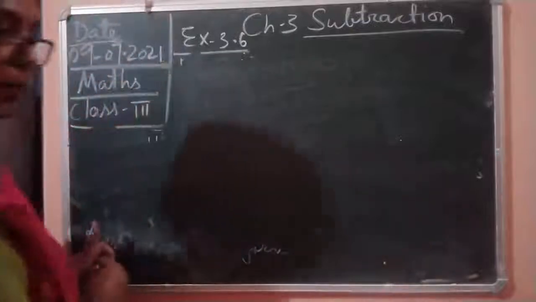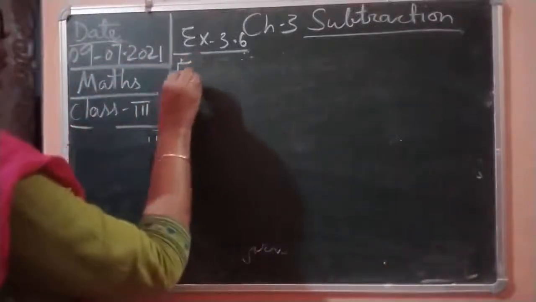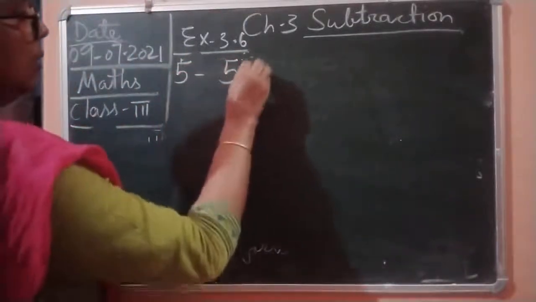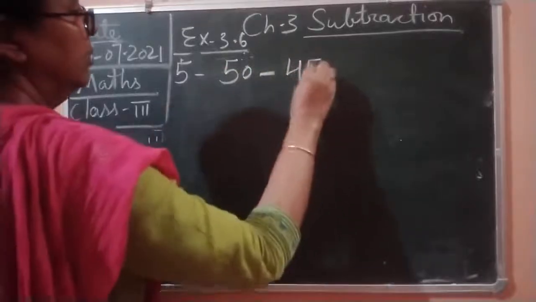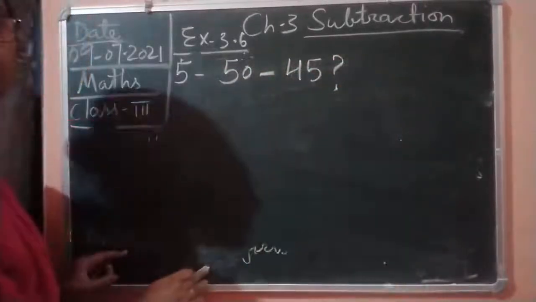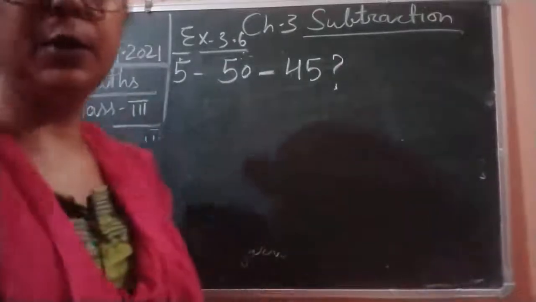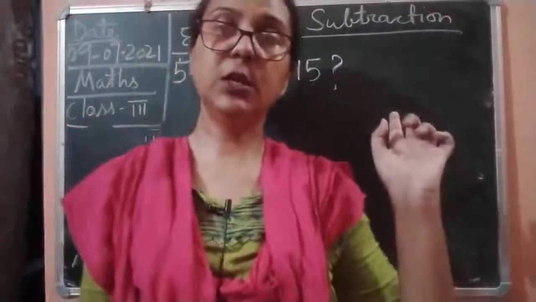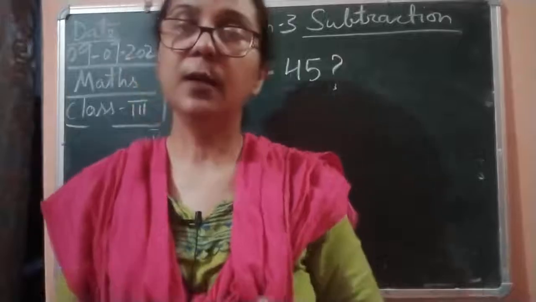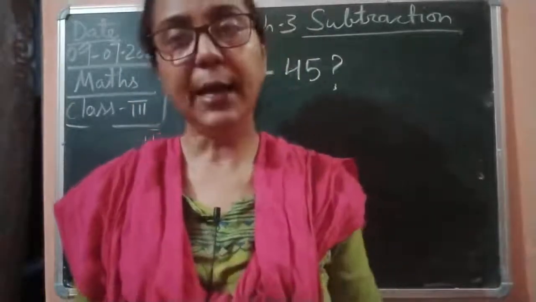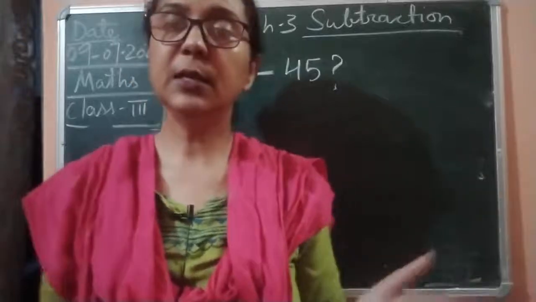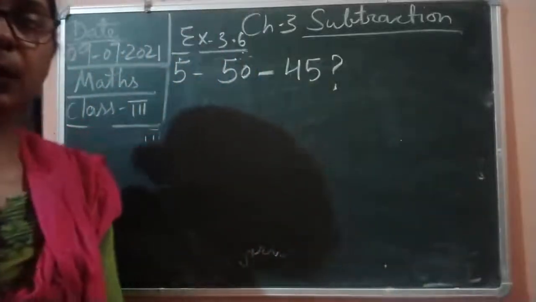On 5th number you can see 50 minus 45. We have to make a problem, okay, in words. The question is given over here, we have to create a word problem. We have to create a few lines to solve these numbers, okay.